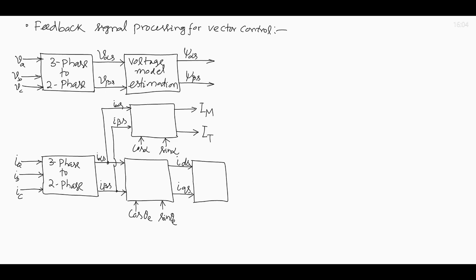Then from this IDS and IQS, using the field current IF, the flux linked components psi ds and psi qs are estimated.